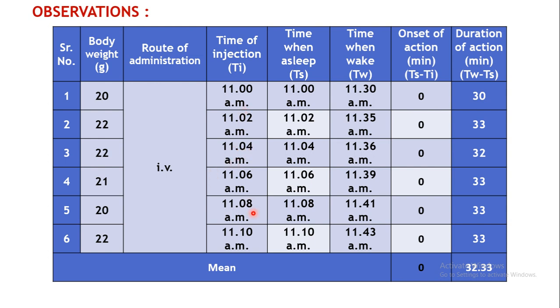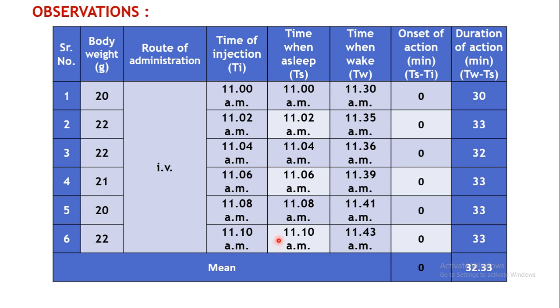Next you should note down the time when the animal falls asleep, denoted as TS. In the case of this route, as you can see, the time of injection and the time the animal falls asleep are the same, right? So this indicates that the animal falls asleep instantaneously, immediately after the injection is given.